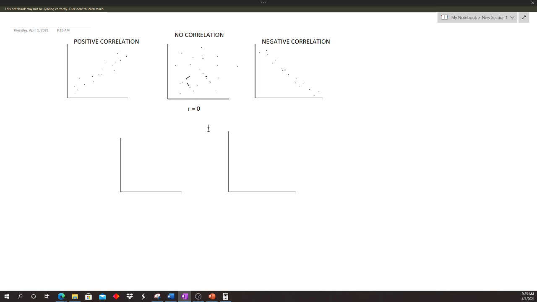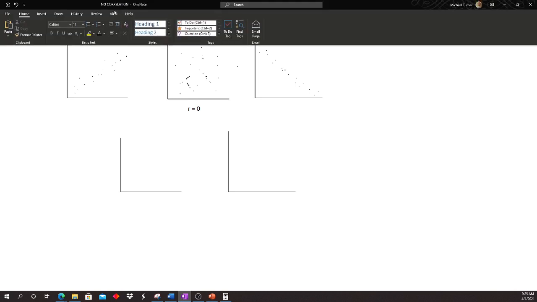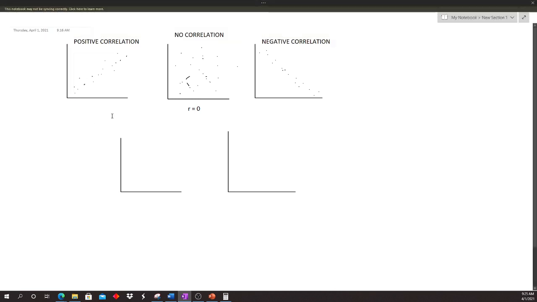Now, if the relationship is positive, then we're going to have a positive correlation coefficient. If we have a negative relation, then we're going to have a negative correlation coefficient. But depending on how strongly those points are connected, I could have either a high or a low. Correlation coefficients will always be between -1 and +1.